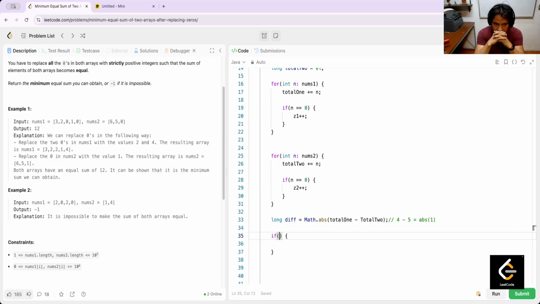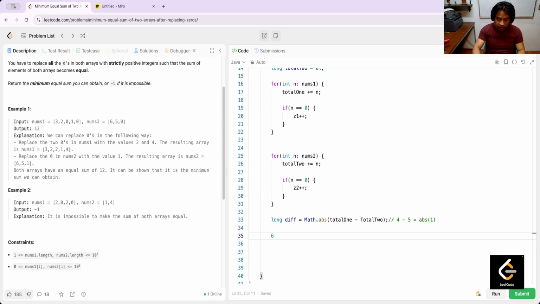Okay, I think that I can assume that these zeros are 1. For example, in this case, the first is 2 and 2, equal to 4, plus the number of zeros is 6.